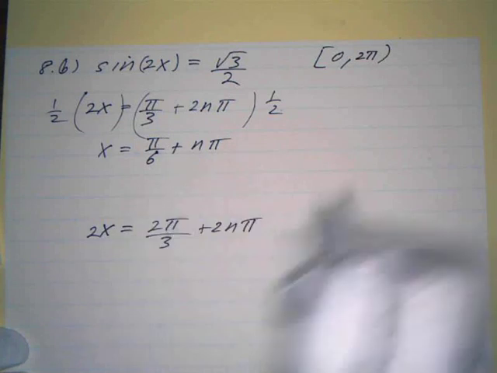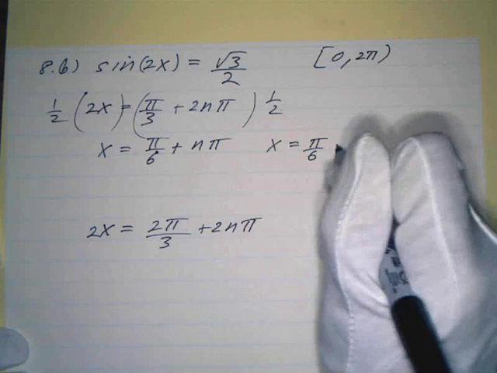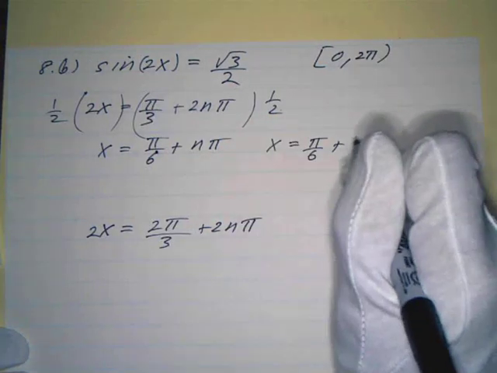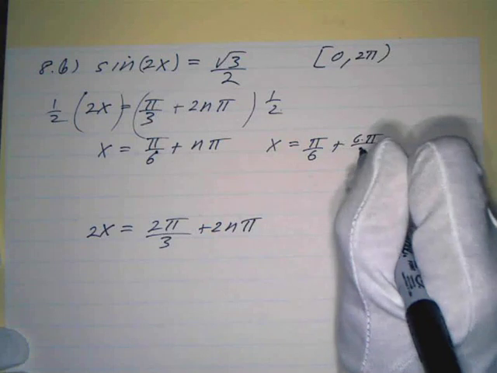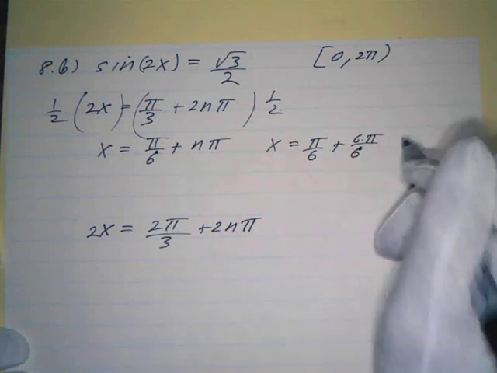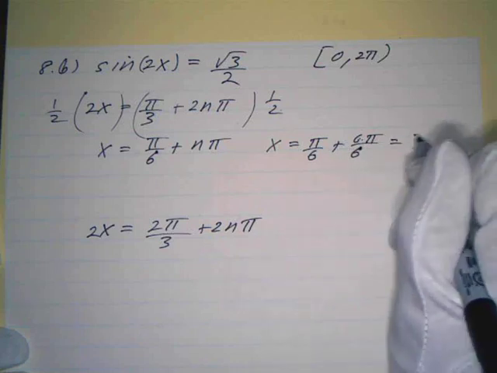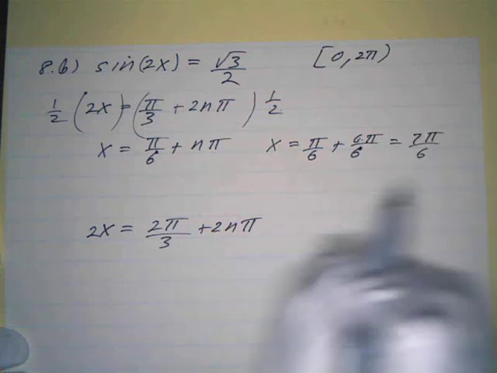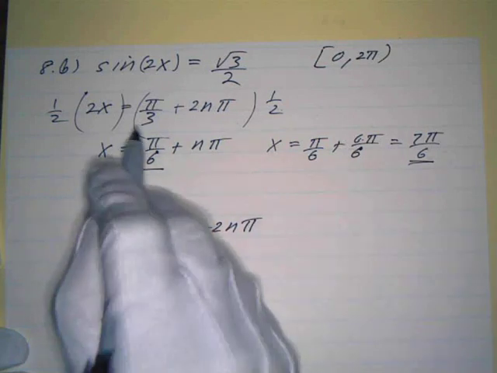When n is 1, x equals pi over 6 plus pi, which would be 6 pi over 6. That's 1 pi. And when I add those, I get pi over 6 plus 6 pi over 6 equals 7 pi over 6. So those are the two roots built off of pi over 3.